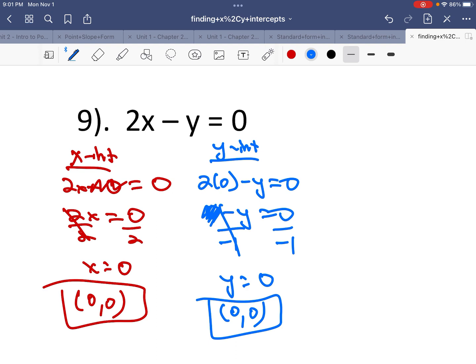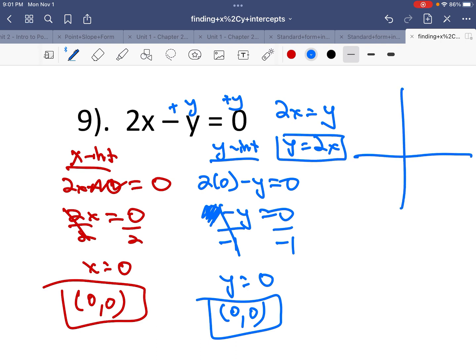So now, graphically, let me explain this. If I were to solve for y, I'm going to move this y over to the right side, plus y, plus y. I get 2x equals y. Another way to write that is y equals 2x. Now think about what this graph is. If I were to graph this, because we should know how now, my y-intercept based on this is 0.